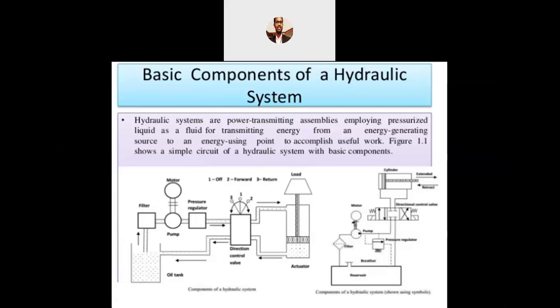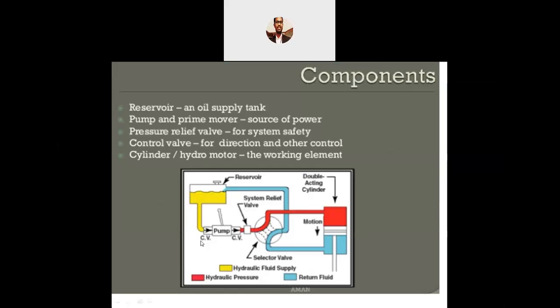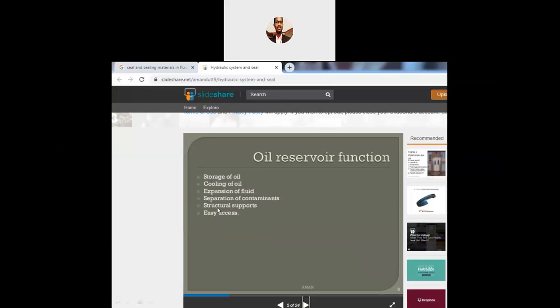So this reservoir or oil tank also acts as a structural support to host all these pumps and other things. It acts like a platform, a table, upon which the pump and filter can be fixed. Then it also acts as an expansion of fluid, and obviously separation of contaminants.